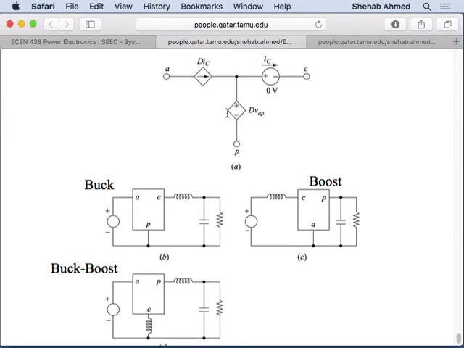Just draw these three terminals in place of these C, P, and A, and go through the discussion that I went through. Basically, what they did was, whenever they see the switch current, depending on the inductor current, they put C. So C for the buck converter was somewhere here.